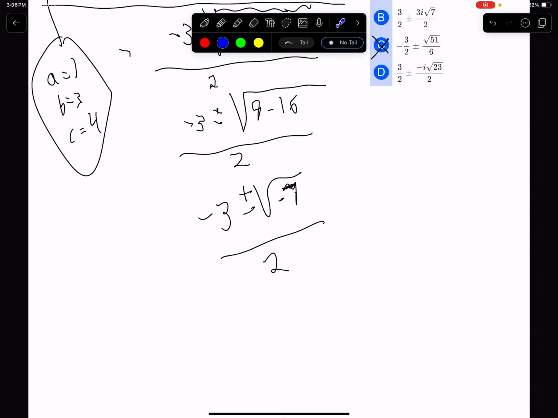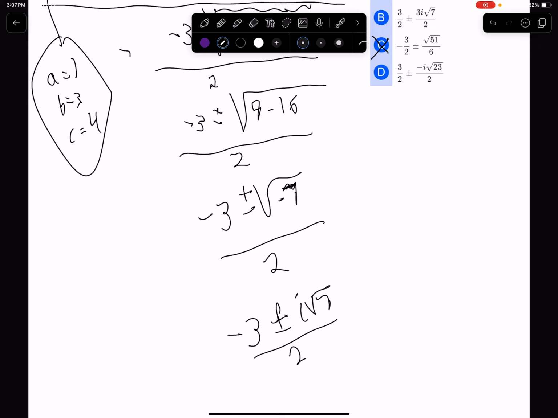Square root of negative 1, i, times the square root of 7. Okay, so let me write it over. Negative 3 plus or minus i times the square root of 7, and it's all over 2. I think we've got our answer, which would be negative 3 halves.